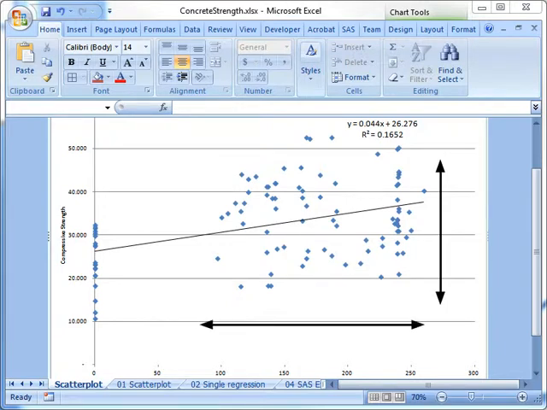That is, compressive strength is still jumping all over the place off our line, even though there might be some relationship between fly ash and compressive strength. So r squared gives us the explained variance. It tells us that our model is explaining about 16.52% of the variability in our response variable.